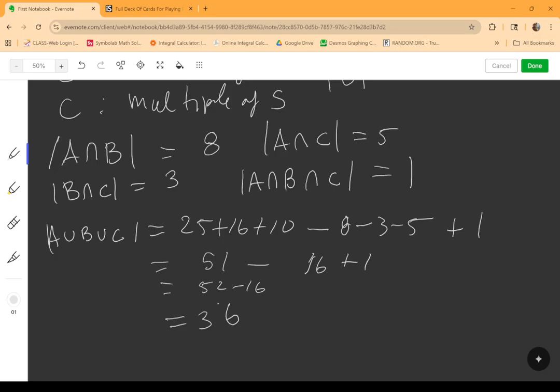So 36 numbers are a multiple of 2 or 3 or 5. And that's how we apply the principle of inclusion-exclusion when we have 3 non-disjoint sets.